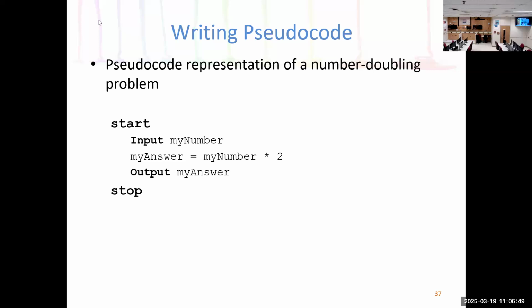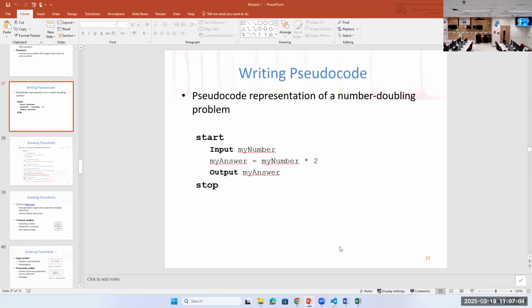Now do it. I give you the activity in the class here. Okay. So you write the program in pseudocode and figure it out. You figure out what is the area of the rectangle.